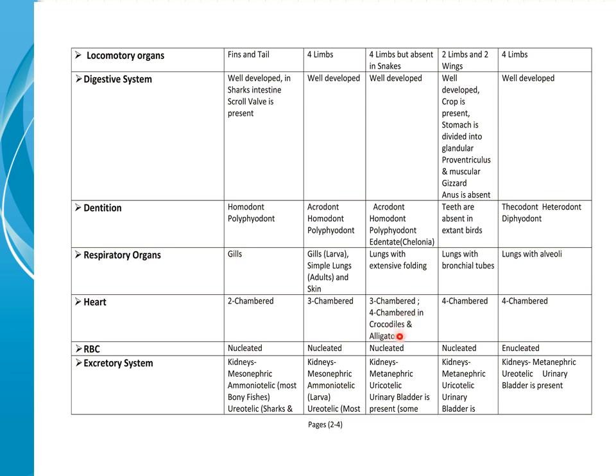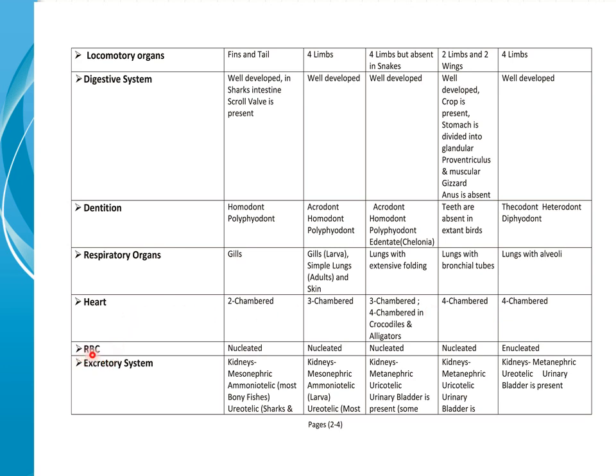But in case of crocodiles and alligators, you can see complete division of the ventricle, resulting in the formation of a completely four-chambered heart. In birds and mammals, the heart is four-chambered with two auricles and two ventricles, and we can see the separation of the deoxygenated and oxygenated bloods in the left and right sides of the heart with double circulation.